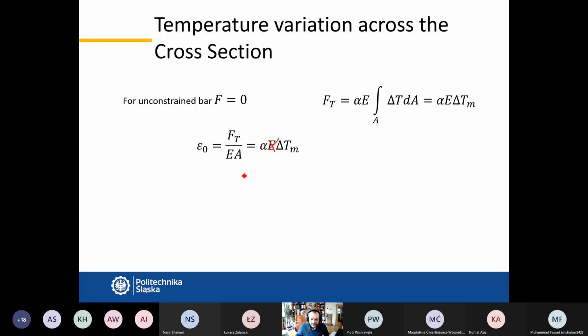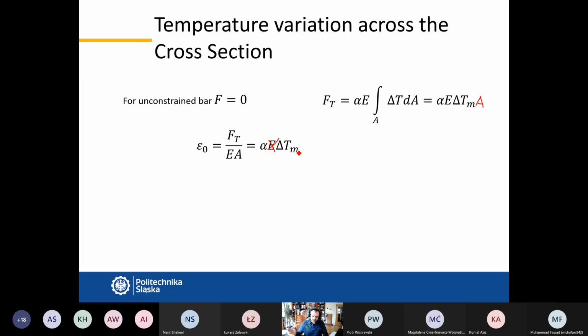No, there is no E. It is cancelled, and we have to calculate, and there is A missing, so I have to correct it, because after integration we also have here A, and we have alpha E delta Tm times A as we integrate over the entire area, and this is divided here by EA, so we have only alpha delta Tm.